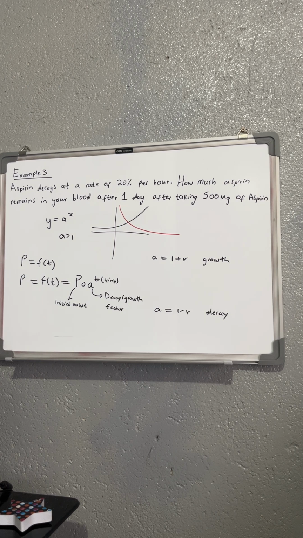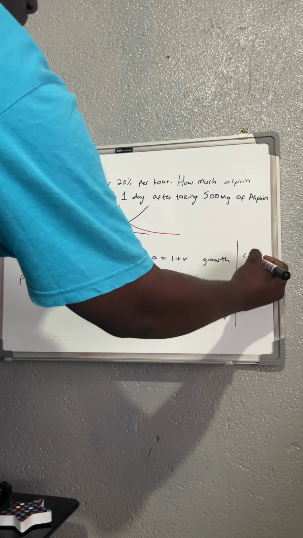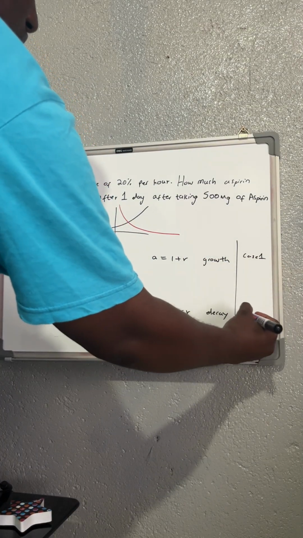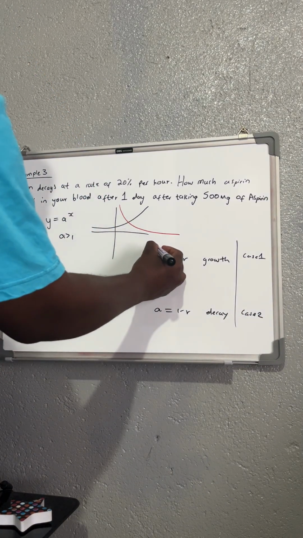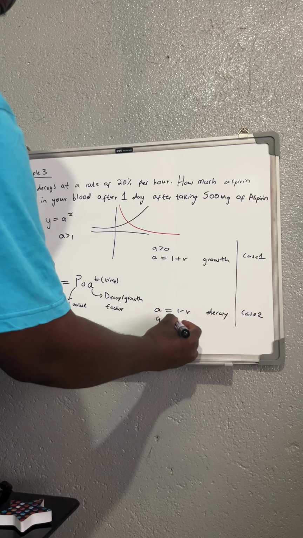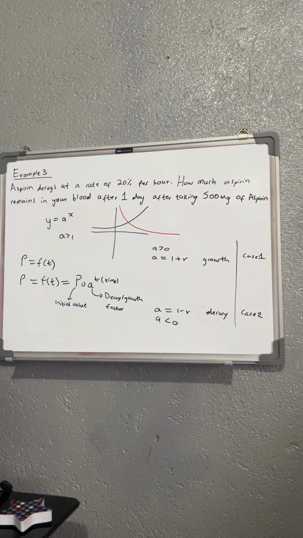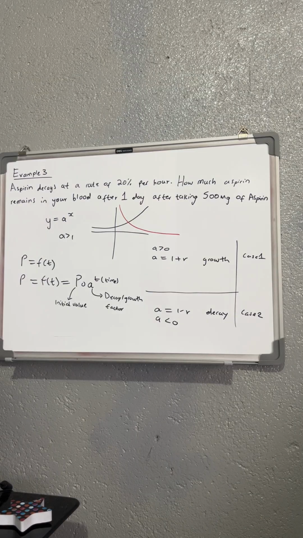For this one, I will just call it case 1. Then this one is case 2. In here we have a being greater than 1, and in here we have a being less than 1. Then we will know that means we are having a decay function.